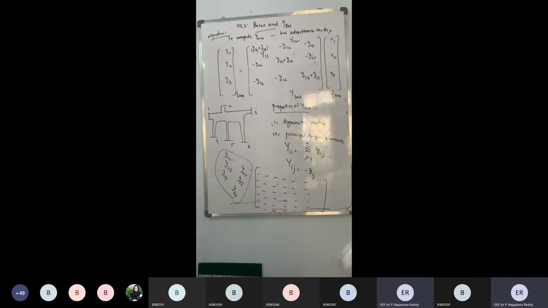Now, if you carefully see, what is this element? Summation of all elements which are connected to this bus, isn't it? So it will be the sum of these two elements, and I will be writing down the values here. Okay. Now what is this one? Whatever element is between 1 and 2, I will write the negation of this element.